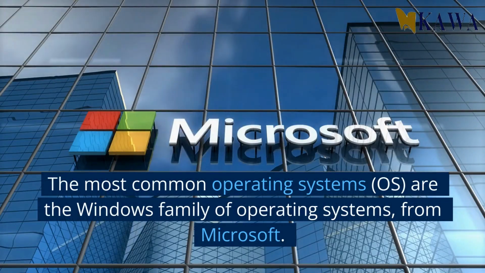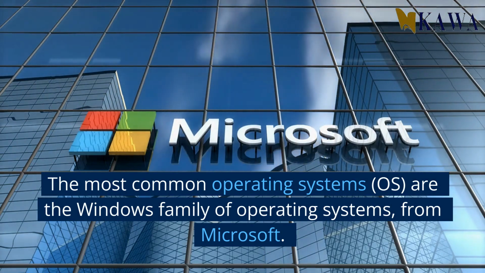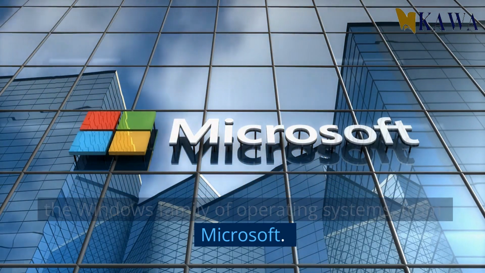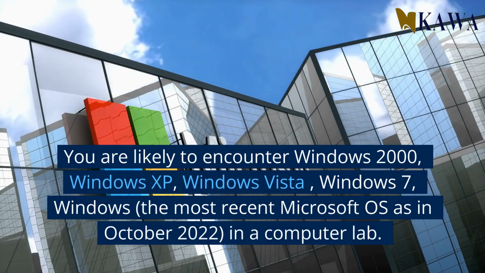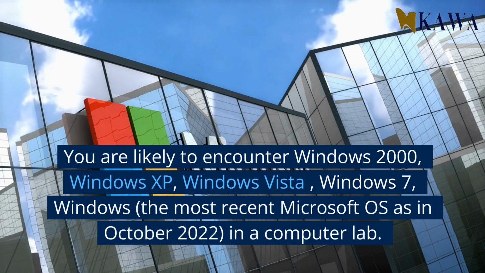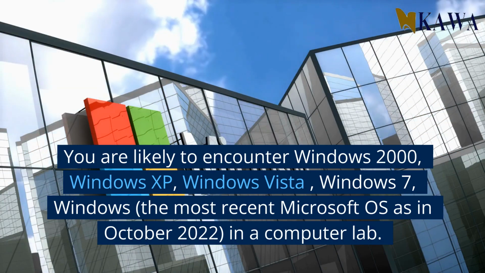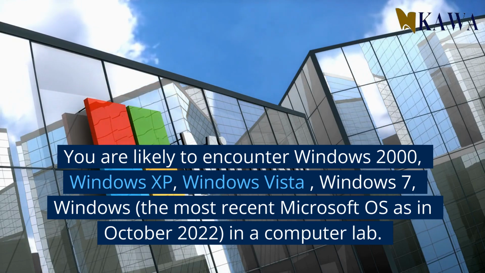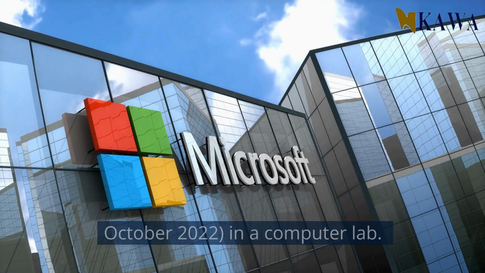The most common operating systems, OS, are the Windows family of operating systems from Microsoft. You are likely to encounter Windows 2000, Windows XP, Windows Vista, Windows 7, Windows, the most recent Microsoft OS, as in October 2022, in a computer lab.